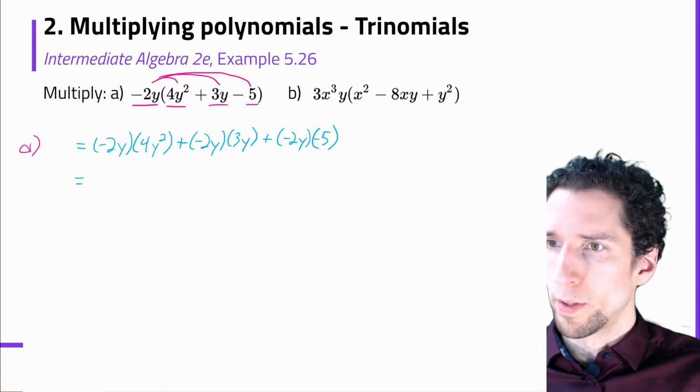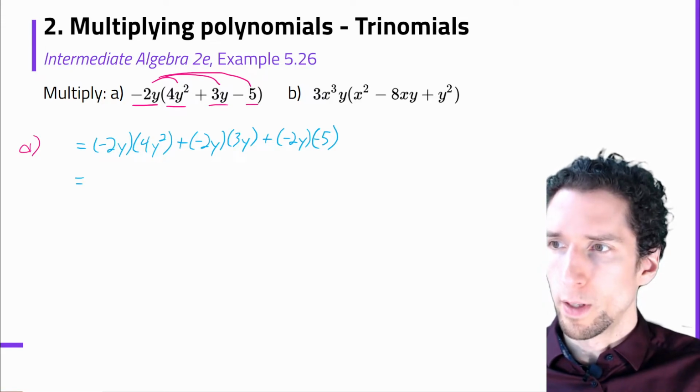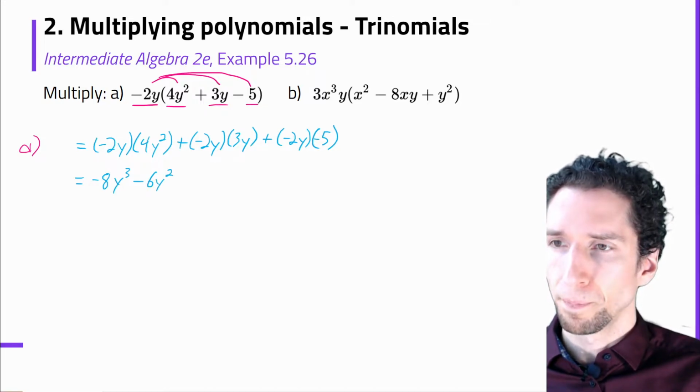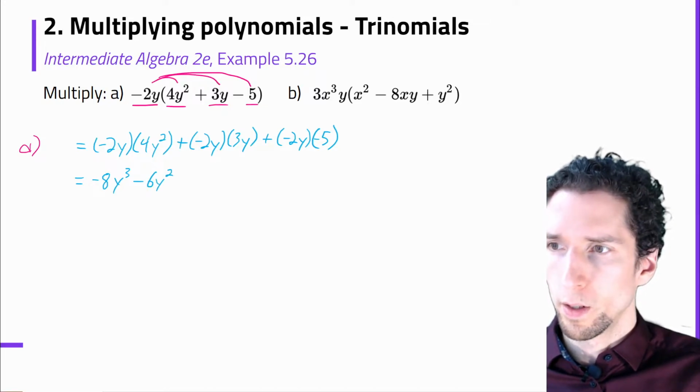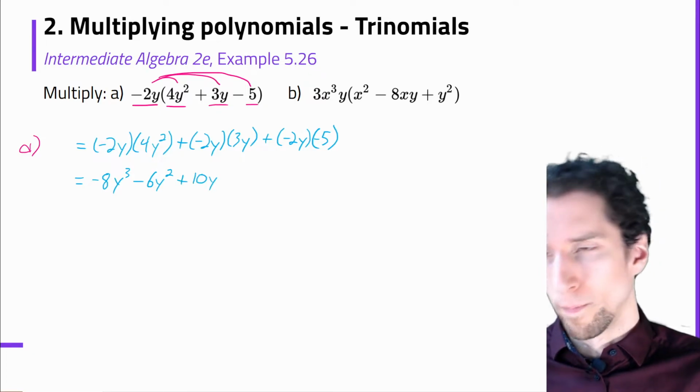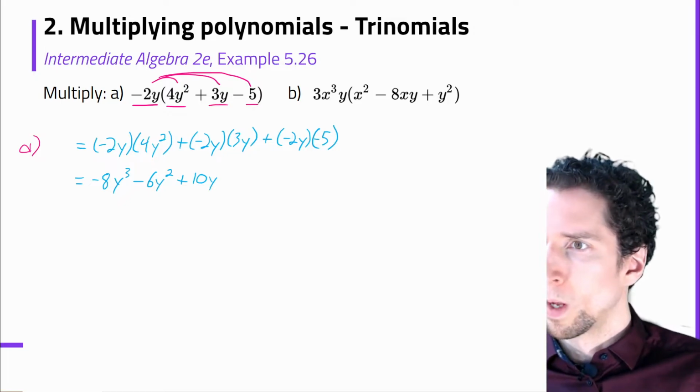Okay, those are all the terms, and we'll actually multiply these together. So we get -8y cubed and minus 6y squared, and then +10y when we multiply those together.